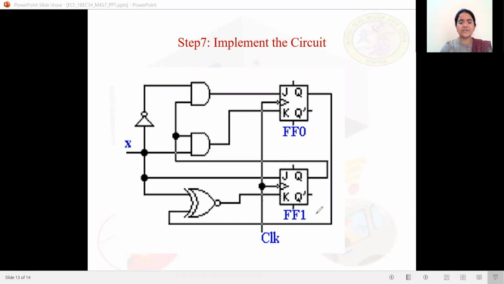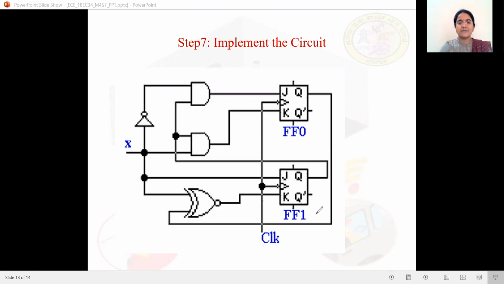After getting the equations, the first step is to write the flip-flops and provide the clock pulse, and consider the flip-flops FF1 and FF0. Name the flip-flops.